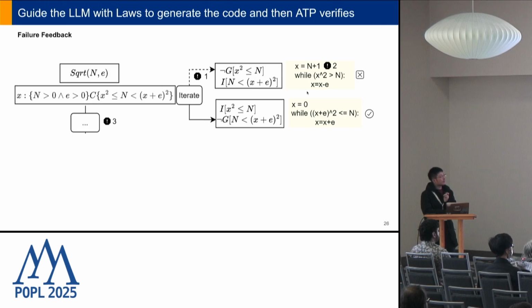Sometimes the ATP will generate counterexamples to guide the LLM. Sometimes it will not, so the LLM will choose another direction to refine the specification. For example here, the new invariant is x squared less than n, which means we use this part as the invariant and the next part as the variant. So we can build the square root algorithm in a naive way.